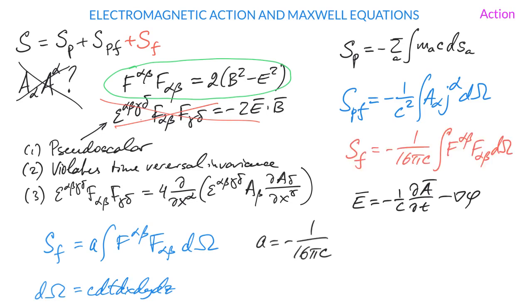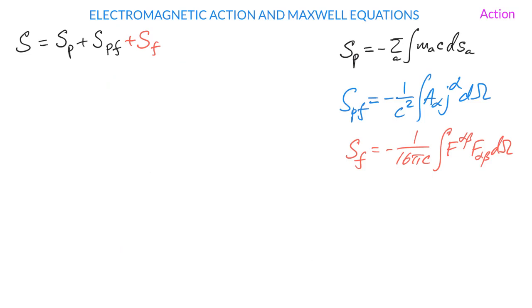So here's our field term. So here's our complete action. Three terms. The first term depends on the trajectories of the particles only. The second term depends on both the particle trajectories and on the field coordinates. The field coordinates enter through the four-potential A, and the particle coordinates enter through the current density.